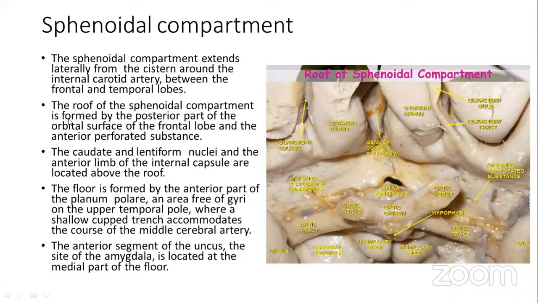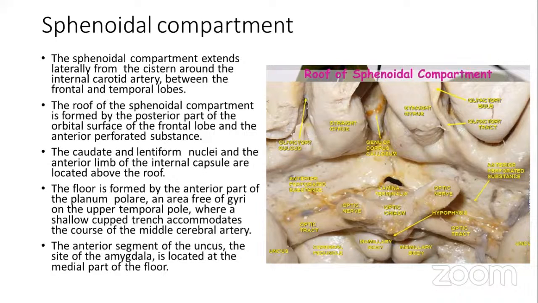It has two compartments: the sphenoidal compartment that extends laterally from the cistern around the internal carotid artery between the frontal and temporal lobe. The roof, we can see from this picture, is formed from the posterior part of the orbital surface of the frontal lobe and the anterior perforated substance. These both combine to form the roof of the sphenoidal compartment.